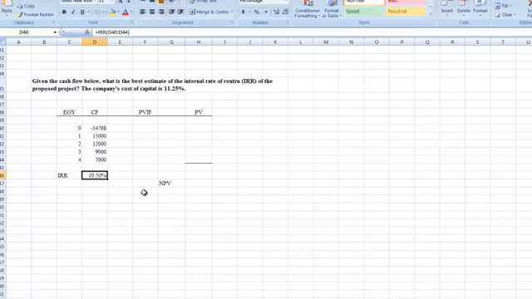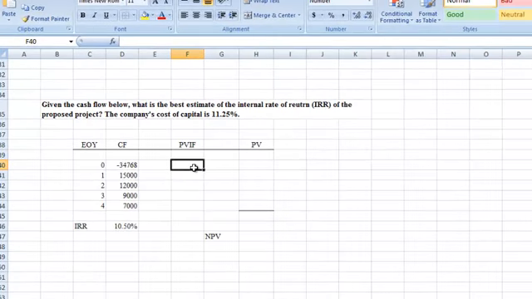So the next step is we want to find what our present value interest factor is. I'm going to use the formula method here. We put in an equal, and then 1 plus our interest rate, which is 10.5%, and that's coming right here from the internal rate of return.